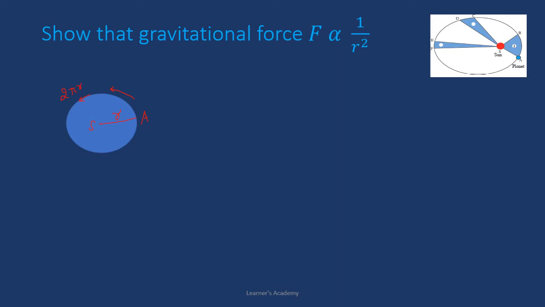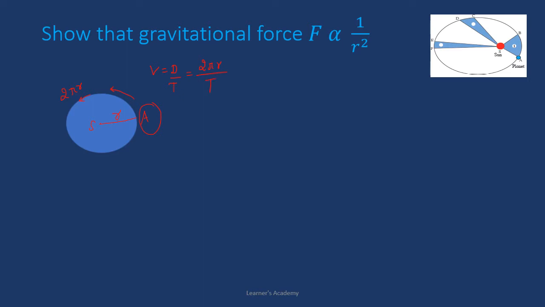Assuming that the planet is moving at a uniform speed, velocity is equal to distance upon time. The distance here will be the distance covered by planet A, which is 2 pi r, divided by t.